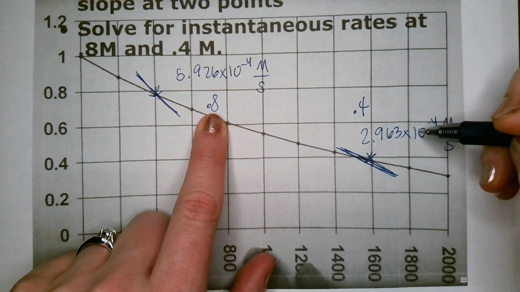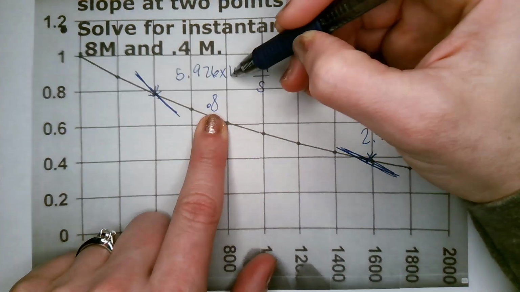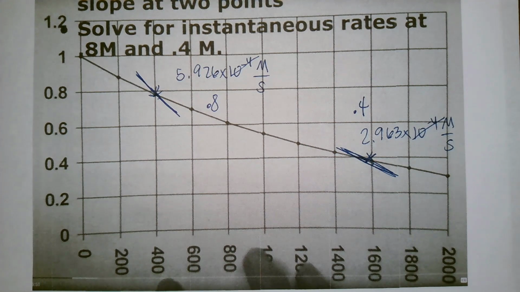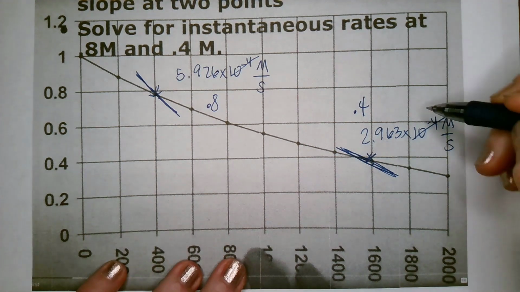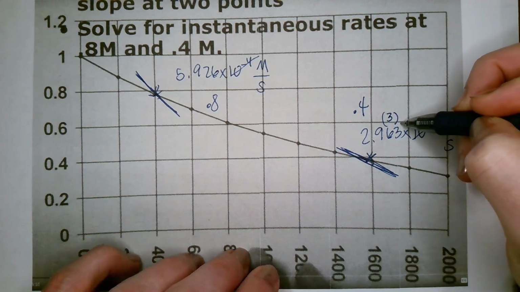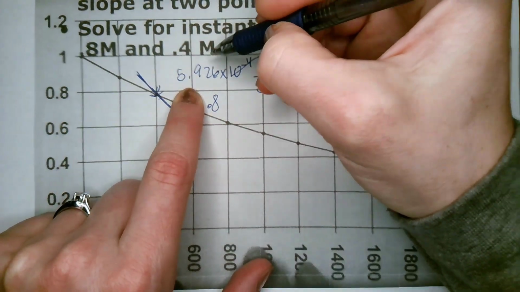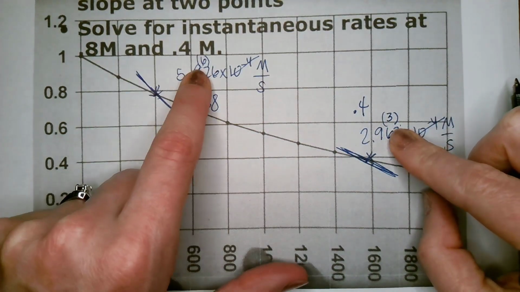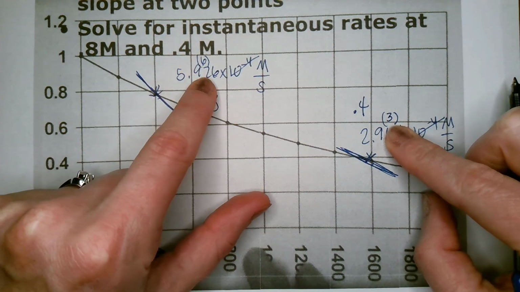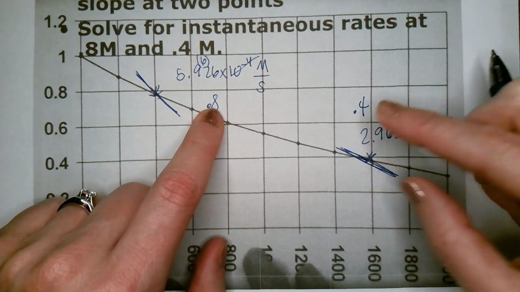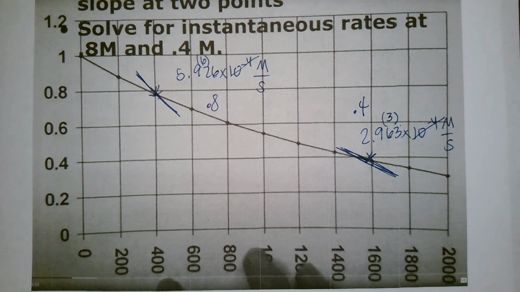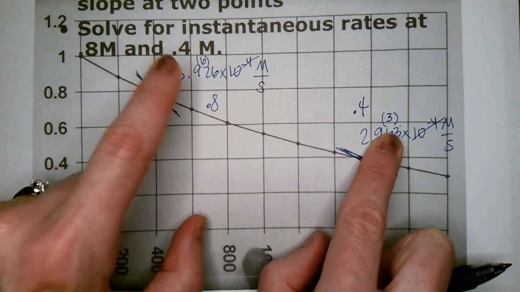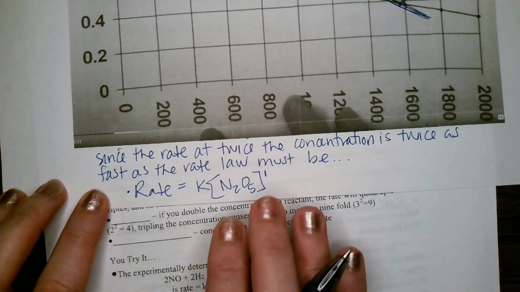We know 10 to the negative 4th and 10 to the negative 4th are the same, so let's pretend that those are gone. 2.963 in my head is really close to 3. I'm just going to put that there. 5.926 is really close to 6. So if I look at these two numbers, 3 to 6 is doubling. 0.4 to 0.8 is doubling. So when I double the concentration, my rate is doubled.